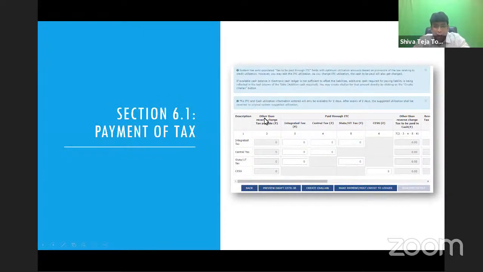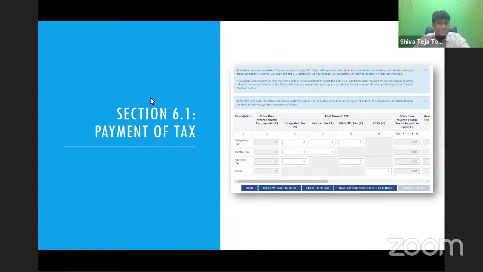You can see here, other than reverse charge, tax payable, and here, an important point, you can see table number 7. I want you to look at that very clearly. Other than reverse charge, tax is to be paid in cash. That is, basically from output tax, we will reduce our input tax credit, then the balance is to be paid in cash. But reverse charge tax, you should always pay using the cash ledger only. You can't use the credit ledger.